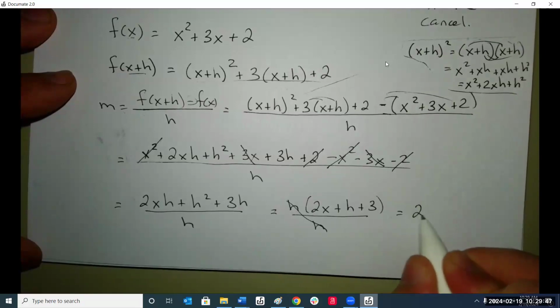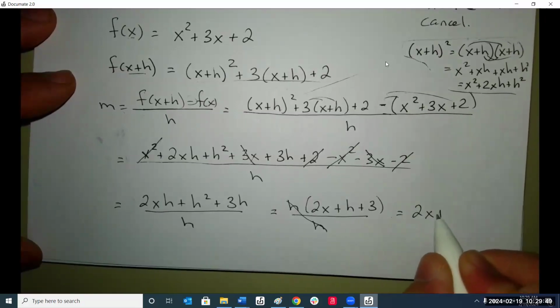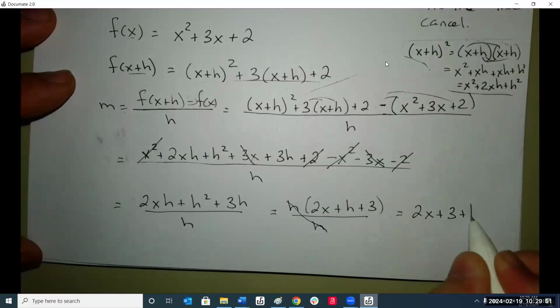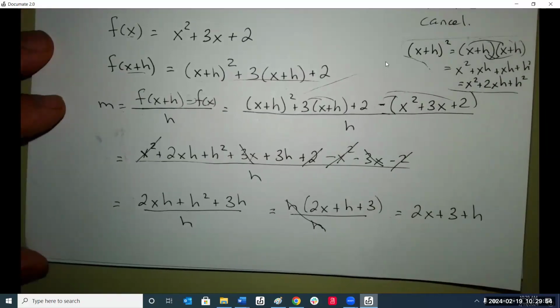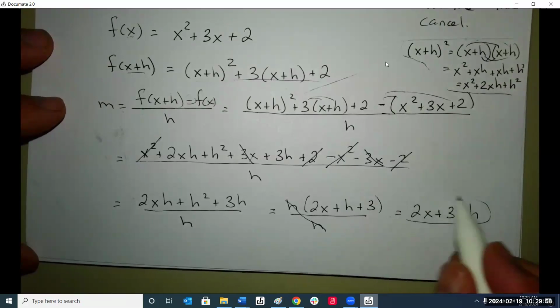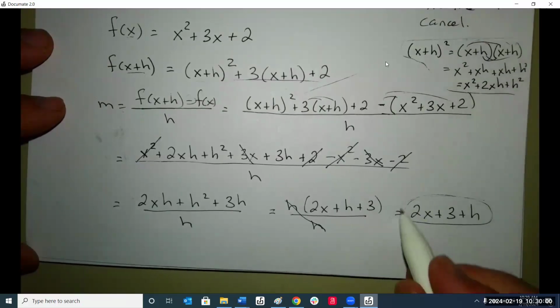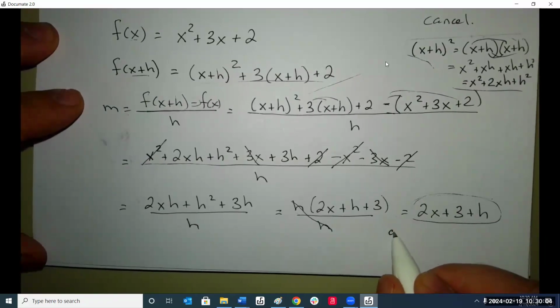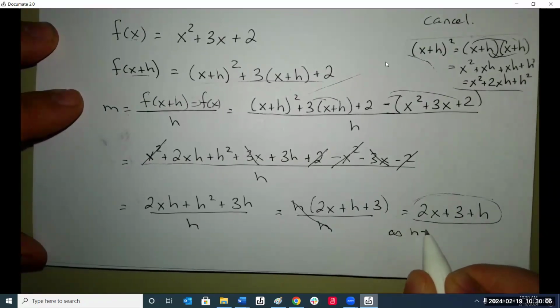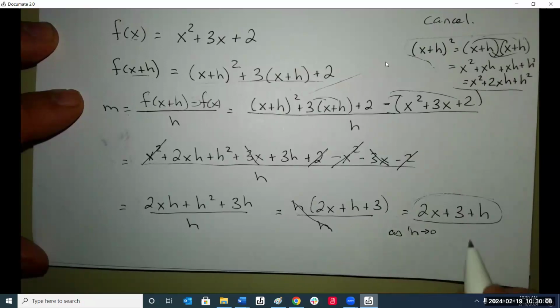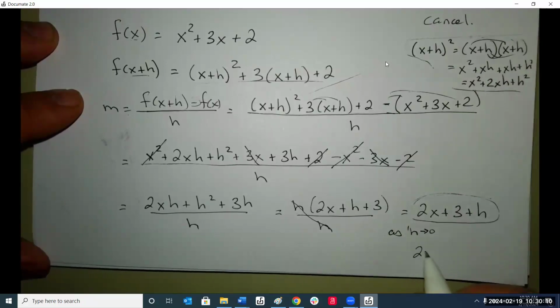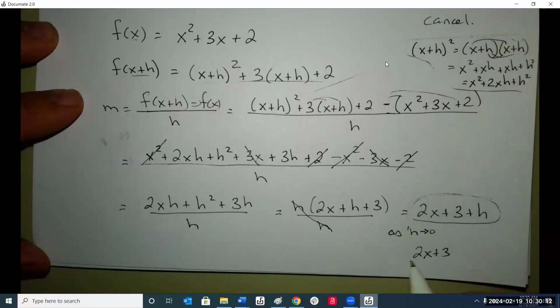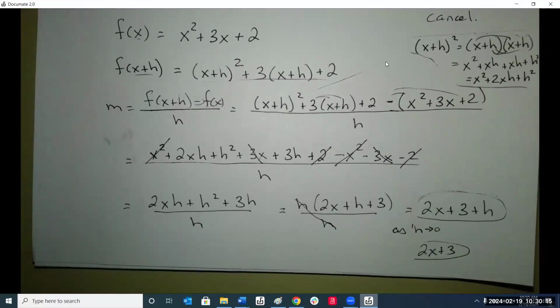So it leaves us with 2x plus 3 plus h. So this is the formula. Now, as h goes to 0, we get 2x plus 3. For whatever x you give me, that's going to be the slope.